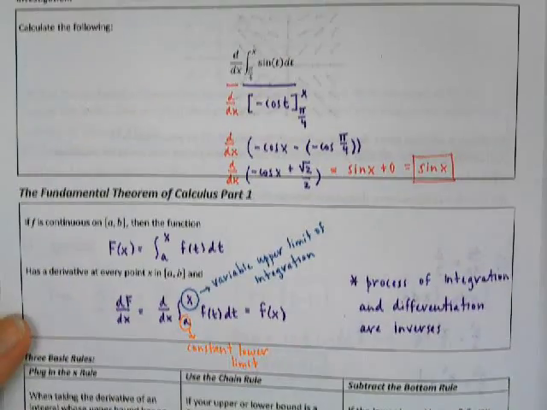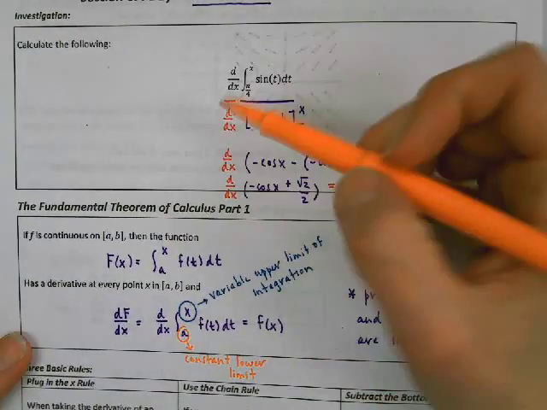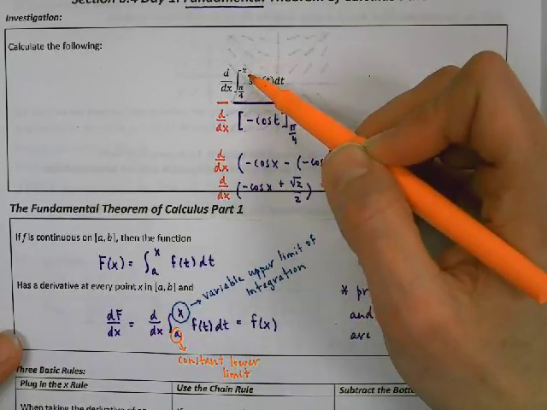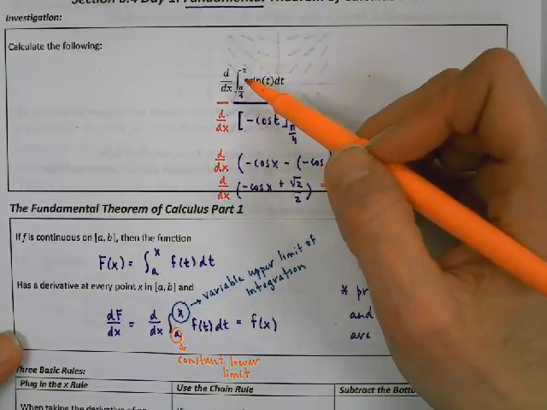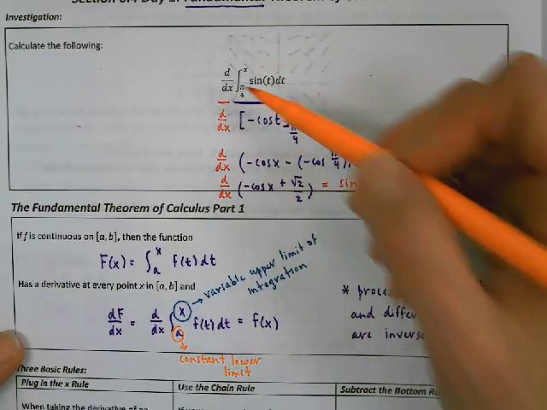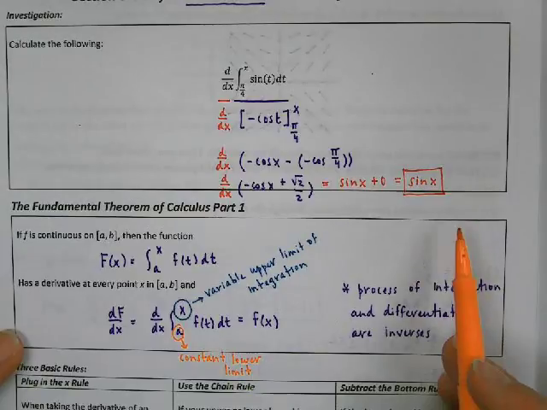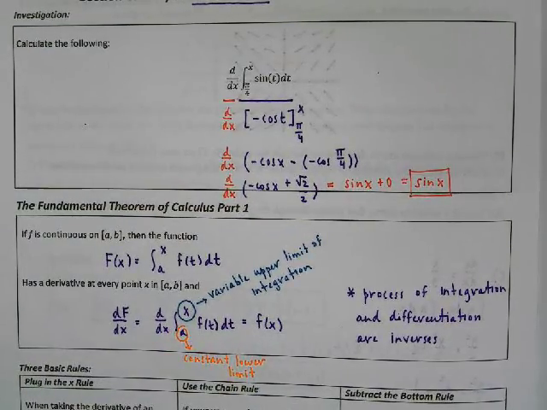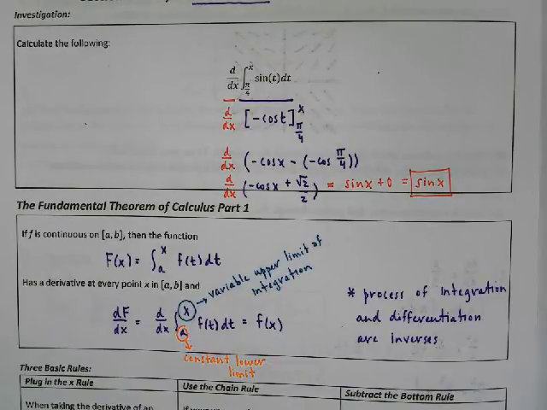Just like in our example above, my pi over 4 was my constant lower limit, and my upper limit was x, a variable. Since these are inverse processes, the derivative of that integral was just sine of x. With just a few caveats, it's going to be that simple.